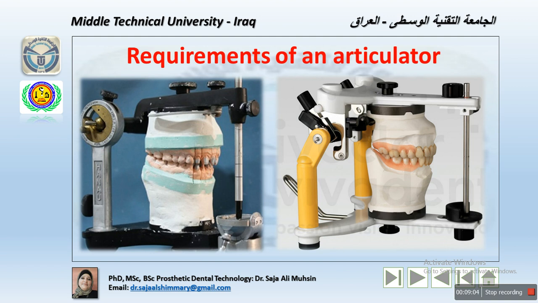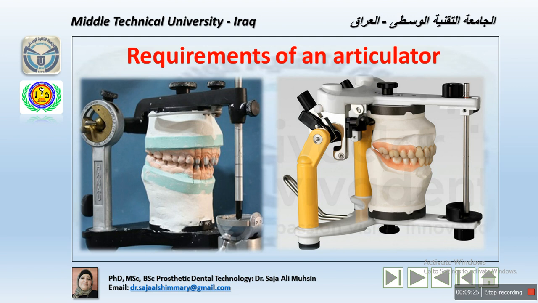Also, there should be adequate space between the upper and lower members. Why? This gives us enough space for a bulk of material for the upper and lower casts to be mounted. Also, we have different patient profiles with different vertical dimensions.